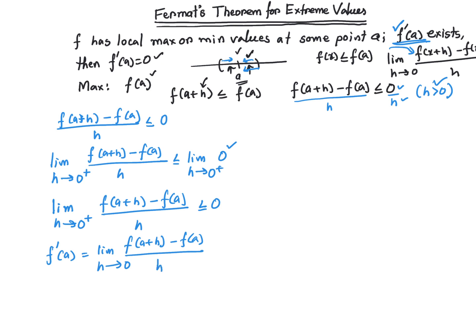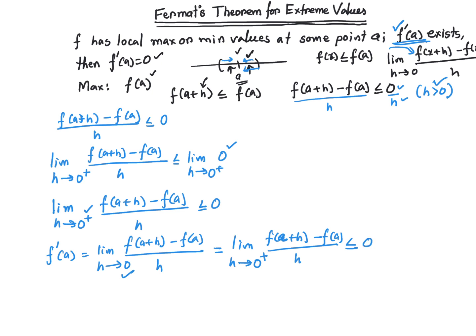By the way, this is just the regular limit, 0, not 0 plus. This must be equal to the limit as h approaches 0 from the positive side of f of A plus h minus f of A, all divided by h, which must be less than or equal to 0.